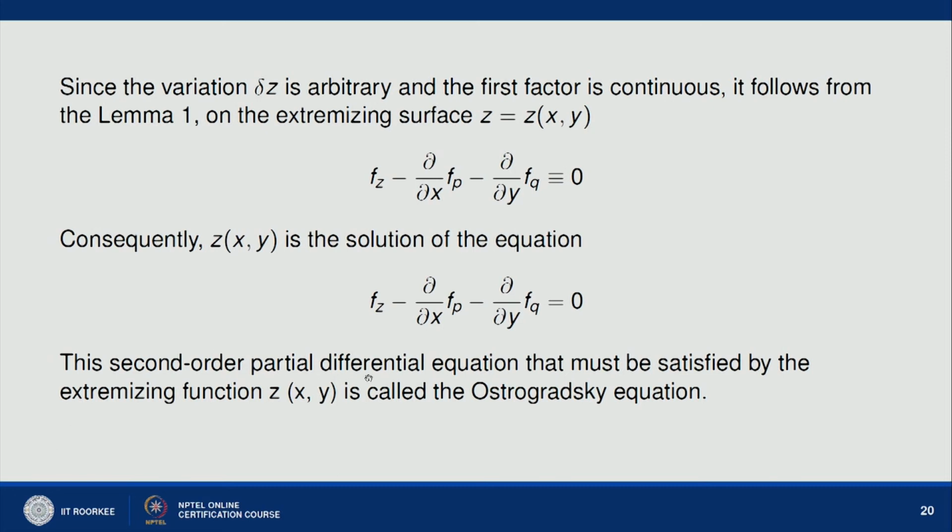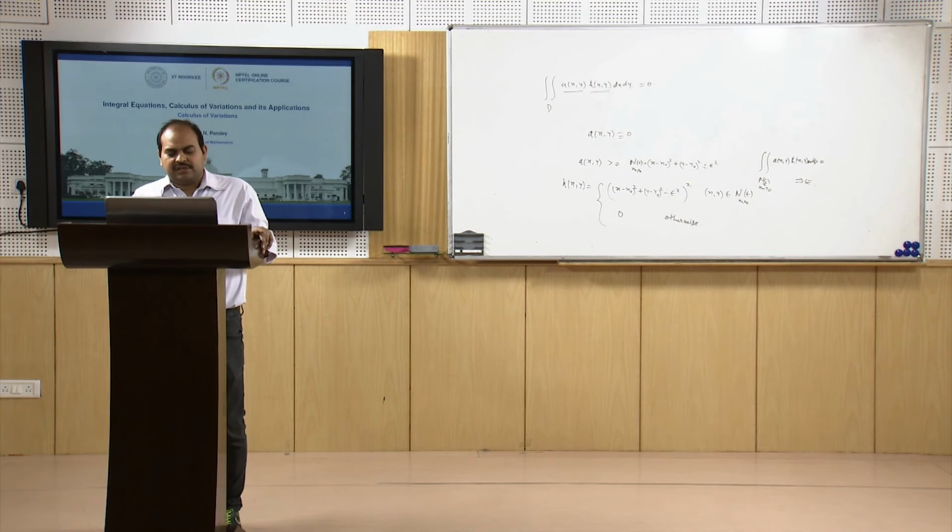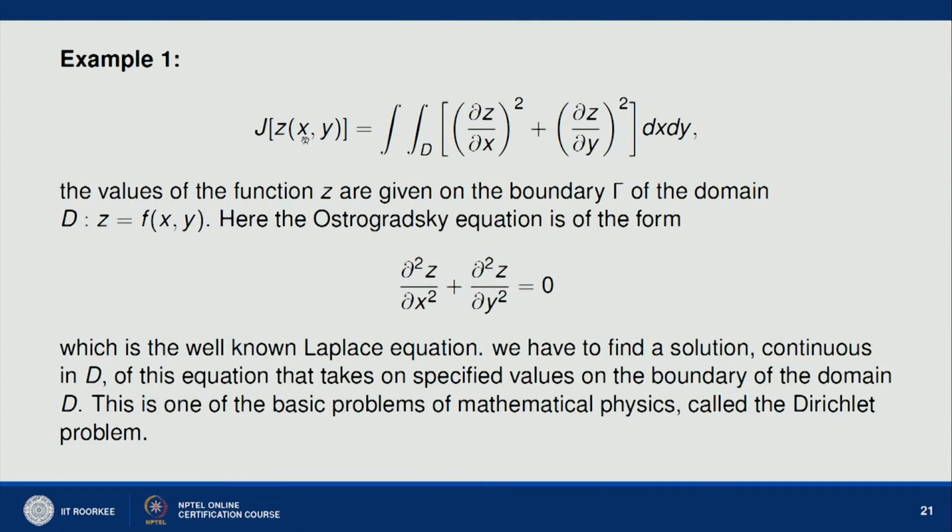So this second order partial differential equation that must be satisfied by the extremizing function z(x,y) is called the Ostrogradsky equation. So let us discuss an example based on this. The first example is to find the extremal of J[z(x,y)], which is given by this double integral of (∂z/∂x)² plus (∂z/∂y)² dx dy.